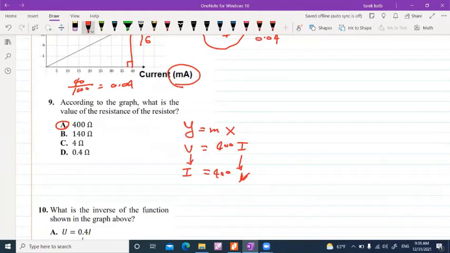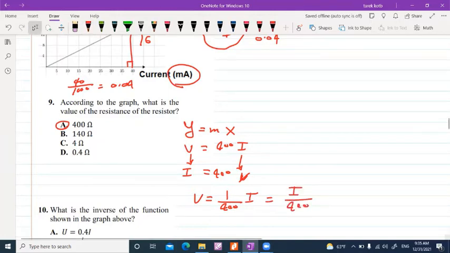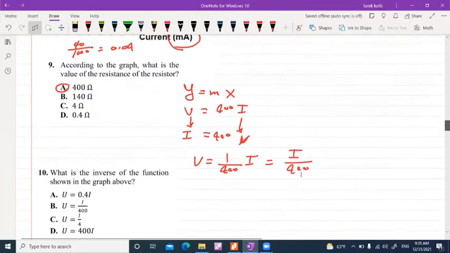So the V will be equals 1 over 400 I, or it is I over 400. Yes, it is number B.